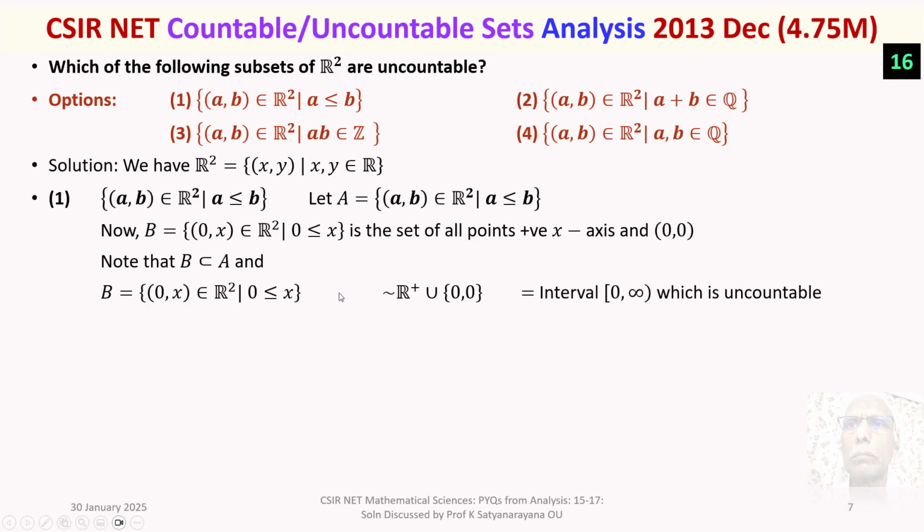B is the set of all 0, X belongs to R square, 0 less than or equal to X, which is equivalent to R plus, that is positive real numbers, union one more point. So what is this one? This is the interval 0 to infinity, where it is closed at the 0 end.